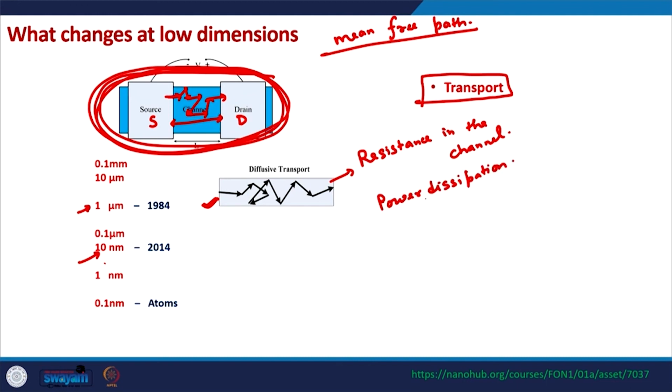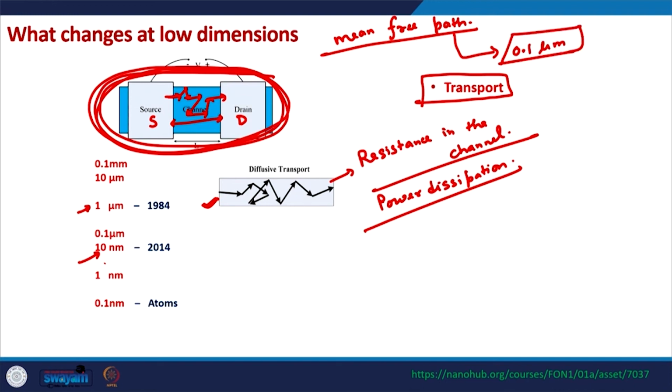These are the major contributors to heat dissipation in the channel. But generally this mean free path is around 0.1 micrometer or so. It's actually material dependent, but typically this is the range.